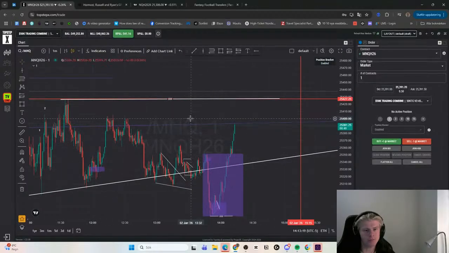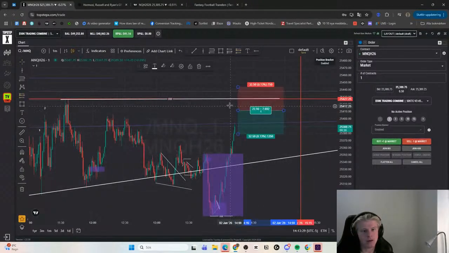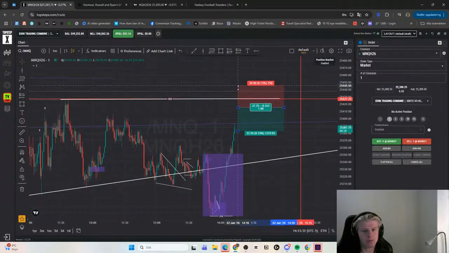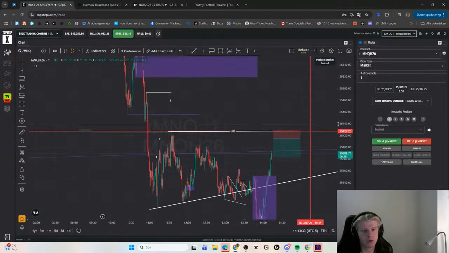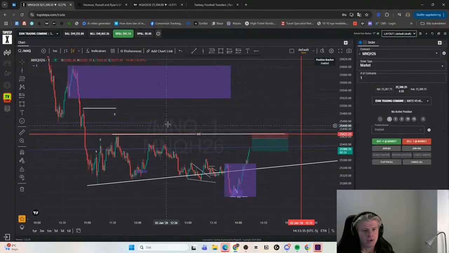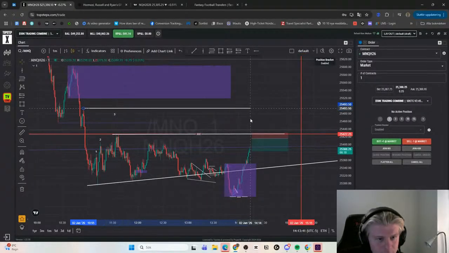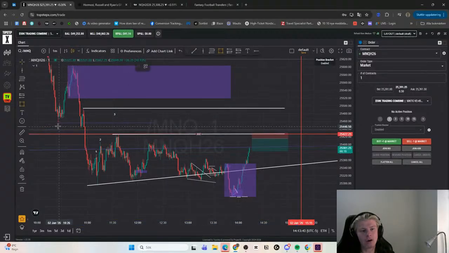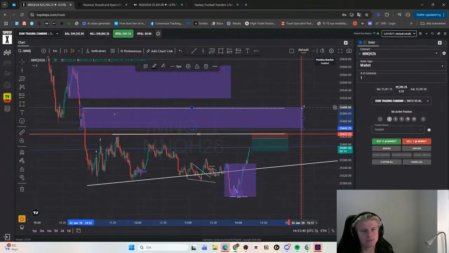Maybe we even get another double top here, and then we get a bit of a retracement. Well, logic would be engineer even more liquidity above there. We could also get that closer towards this as another area of resistance.